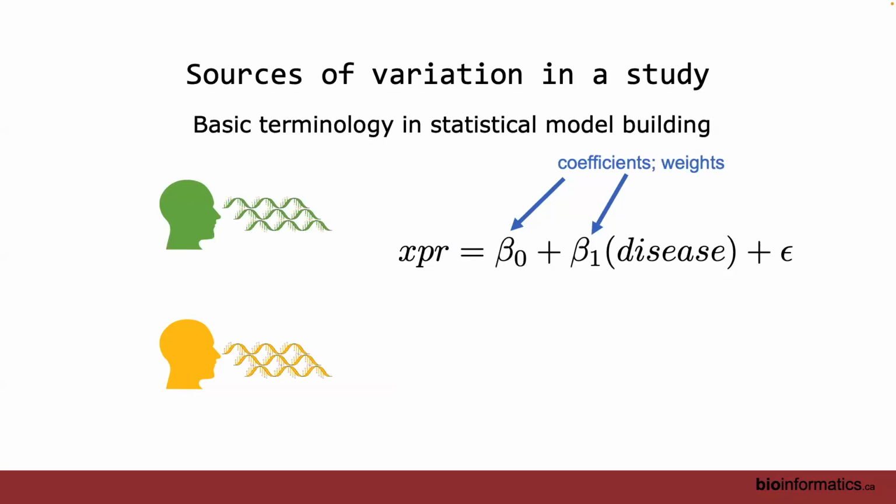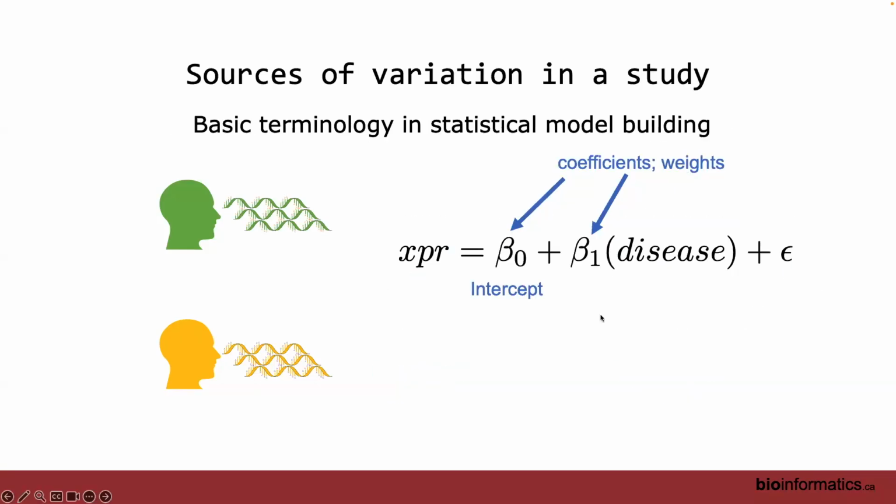Betas are called the coefficients or the weights, okay? And this is the value that under the hood your differential expression analysis is going to tell you, right? If beta 1 is non-zero, then that gene has some kind of statistically significant disease effect, right?